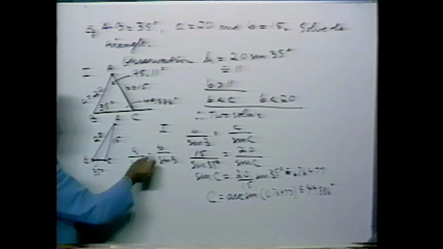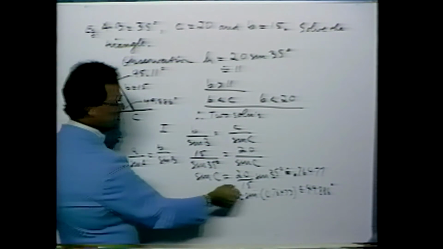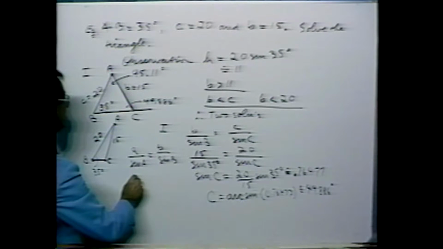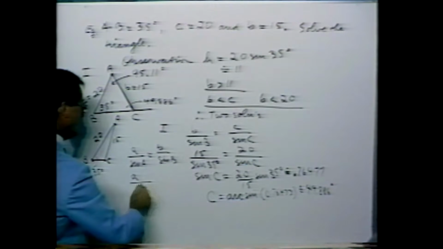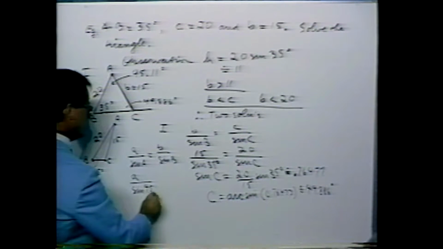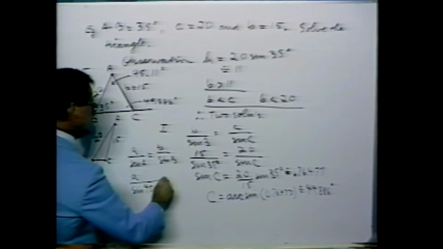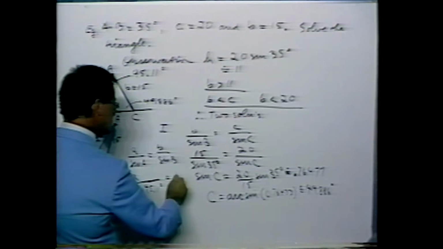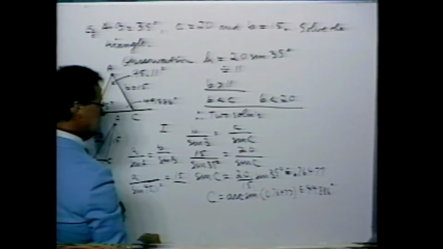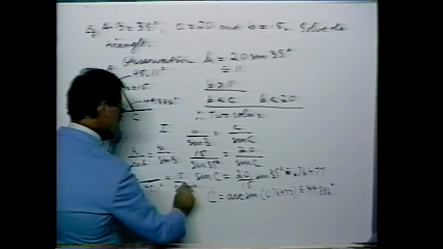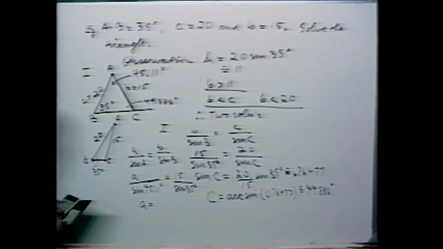It's safer to use components that are given rather than components which you have solved and are approximate. So then, a over the sine of 95.11 degrees is equal to b, which is 15, over sine 35, and now we simply continue and solve for a.